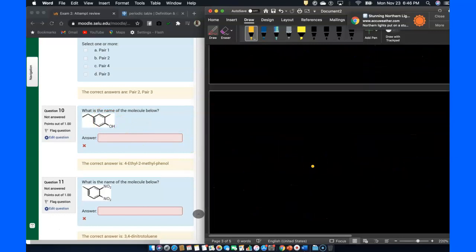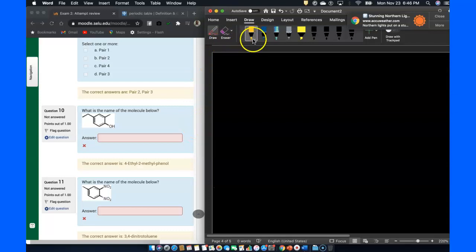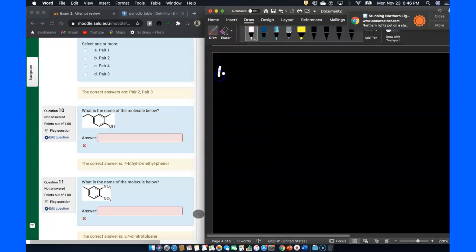Okay, moving on. Question 10. What is the name of the molecule below? The first thing you should notice is that you have an OH, so definitely the parent name is phenol.